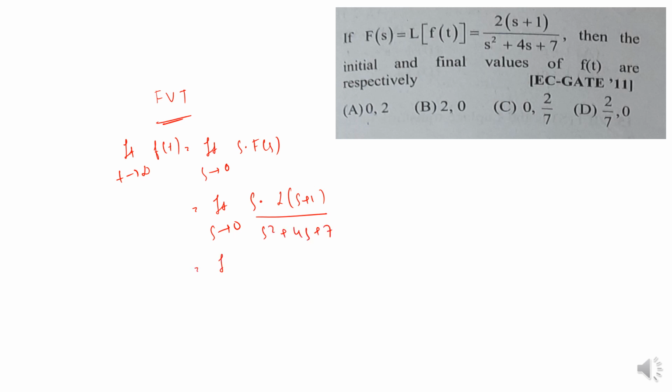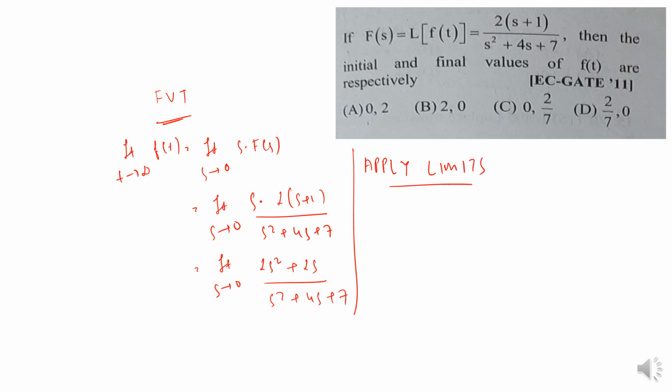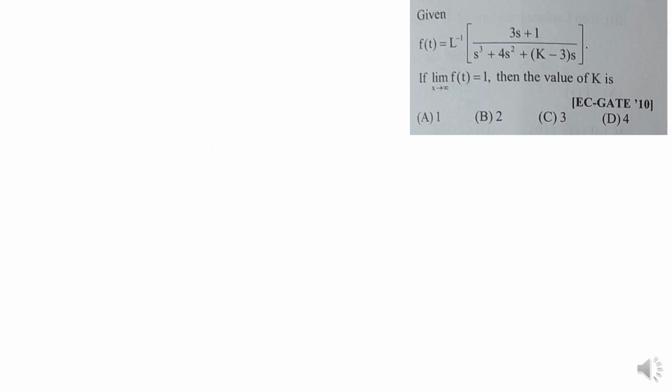This I can also write as limit s tends to 0 of (2s square plus 2s) by (s square plus 4s plus 7). Now apply limits. When you apply limits, this is 0, this is 0, so 0. Therefore the final value is equal to 0. As already discussed, this is option B.